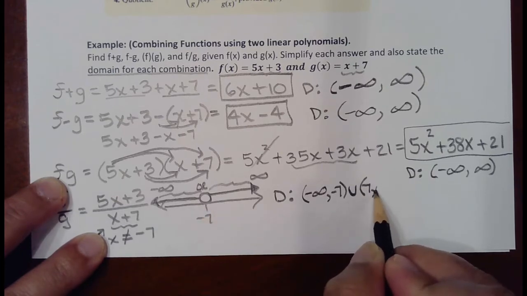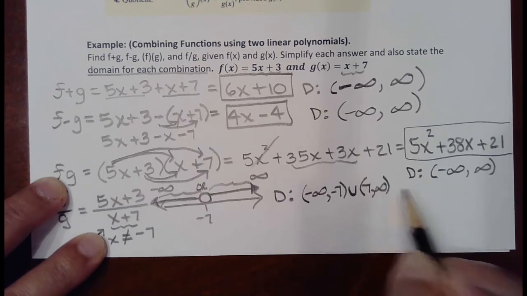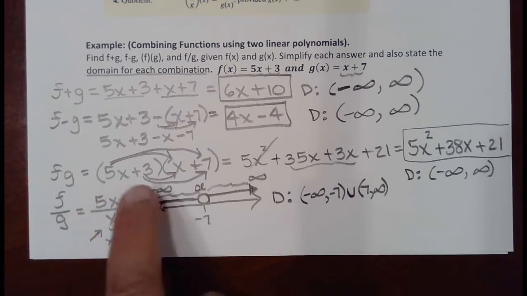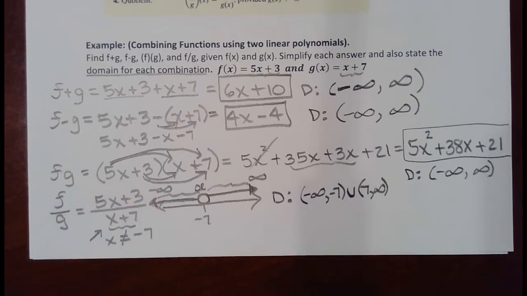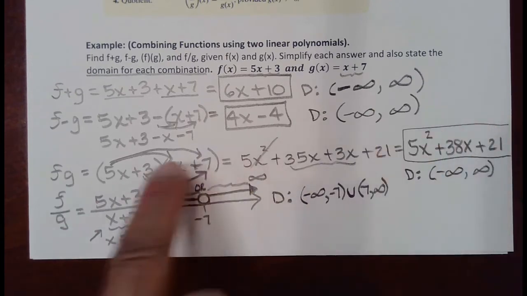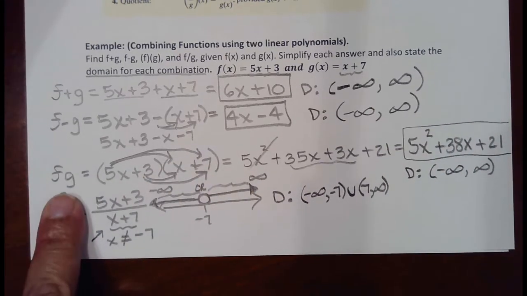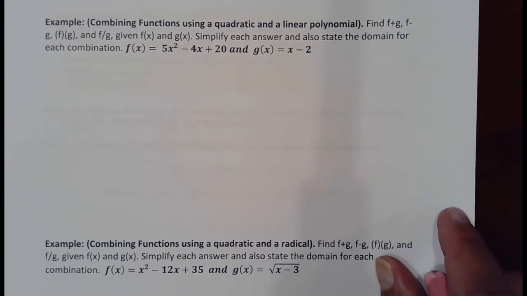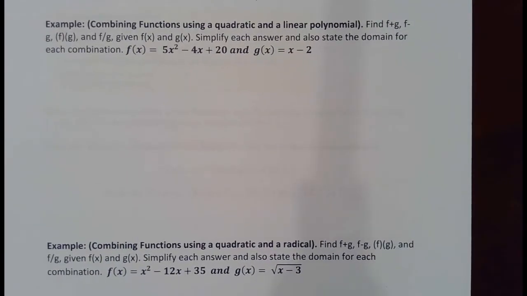Okay, then we go into the next page, where again we are combining functions, but the functions are getting more complicated. They're starting to be second degree and so forth. That just makes certain parts of the algebra a little bit more difficult. So first let's do part A. Well, they're not actually numbered part A, B, C, D, but the first part is where we're doing f plus g.